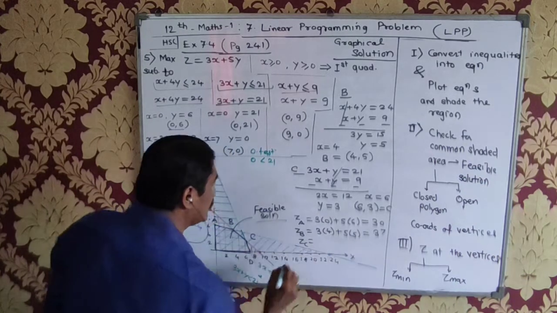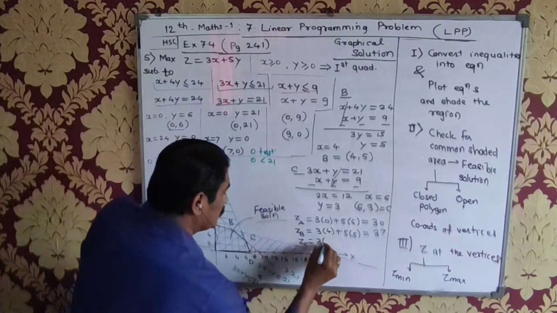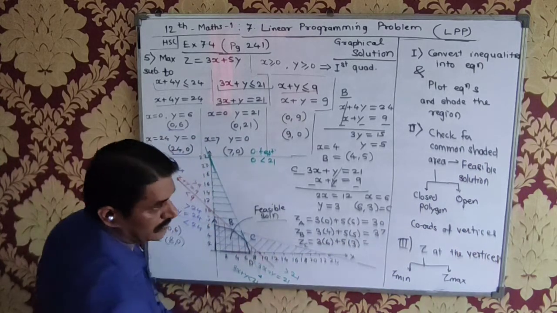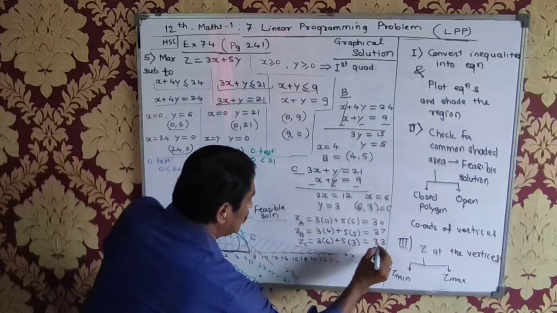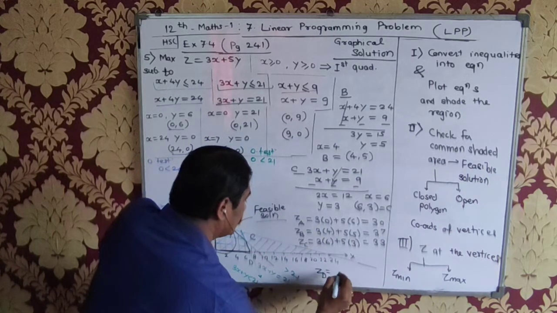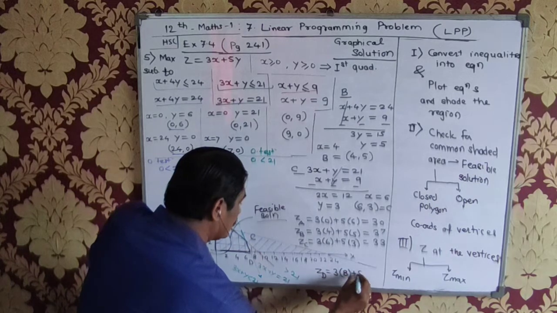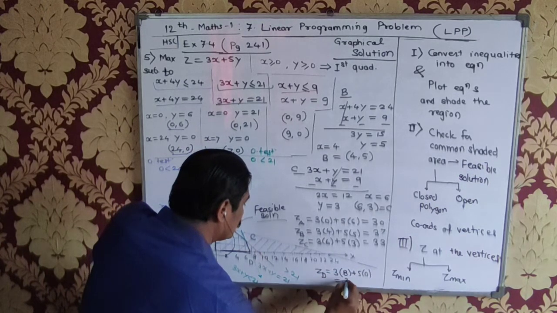Z at C, it is 3 into 6 plus 5 into 3, 33. And Z at D, it is 3 into 8 plus 5 into 0, that is equal to 24.